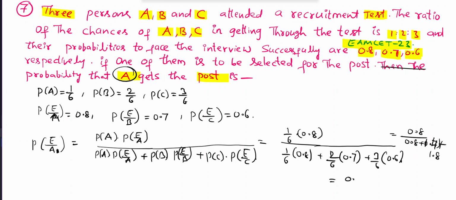That is equal to 0.8 by 0.8 plus 1.4 plus 1.8, that is 4, that is equal to 8 by 40. So 8 5 times cancelled, that is equal to 1 by 5. That is the required answer.